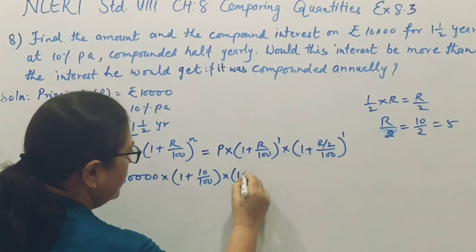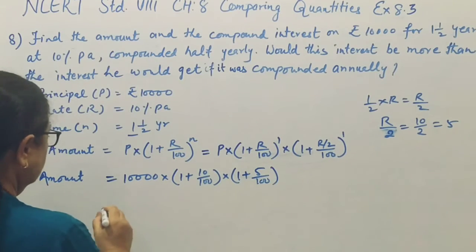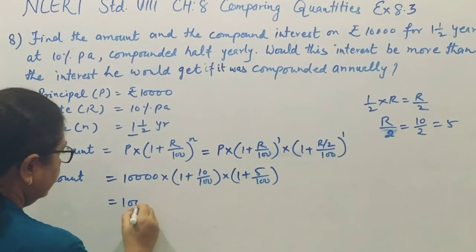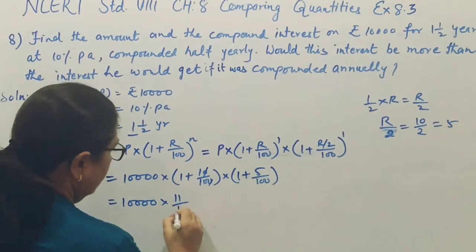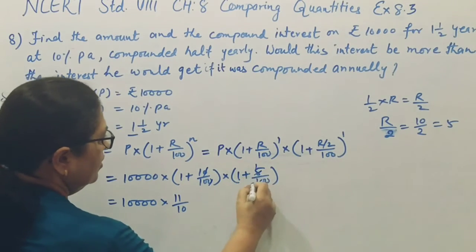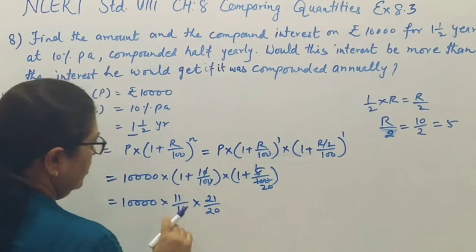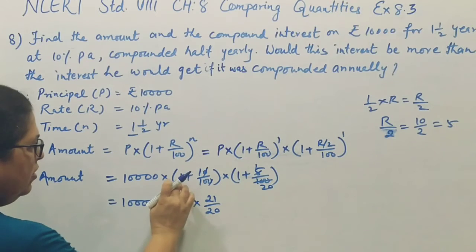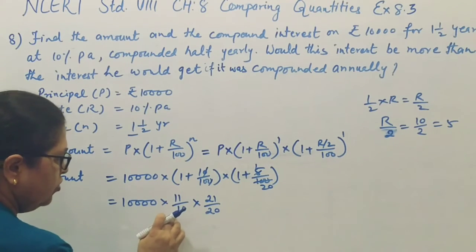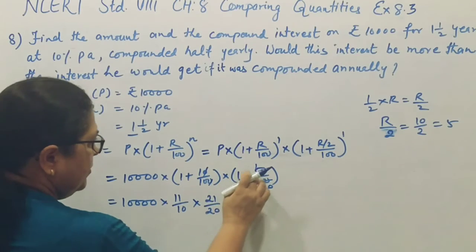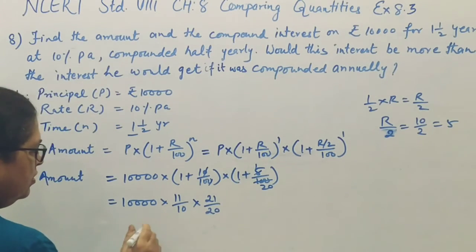So it will be 1 plus 5 upon 100. Therefore, it is 10,000 into 11 upon 10 into 21 upon 20. After simplification, 1 plus 10 upon 100 will become 11 upon 10, and 1 plus 5 upon 100 will become 21 upon 20.